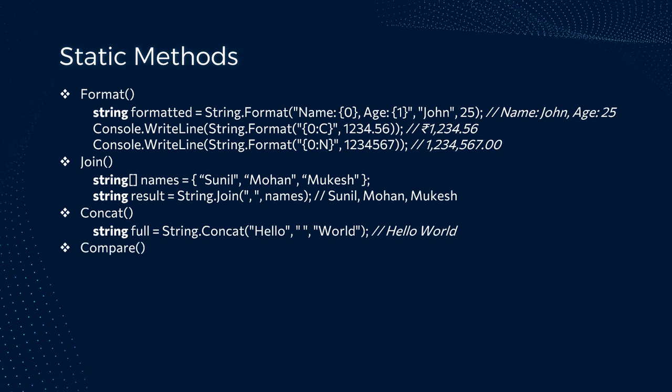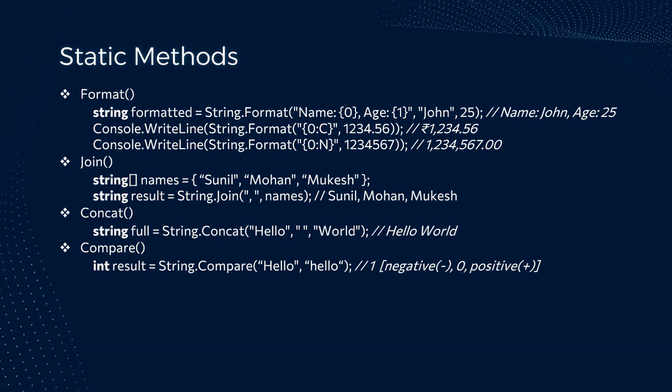Next we have Compare, and in Compare we need to pass two values. You can see string.Compare, and inside this method you need to pass two arguments. It basically returns a numeric value, or you can say an integer value.